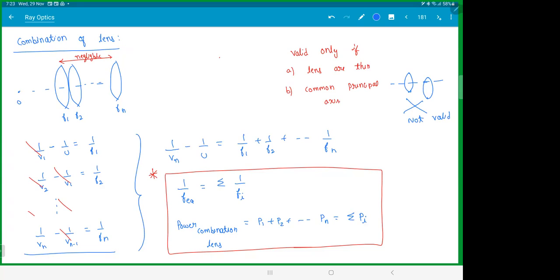So this is quite useful. If you give me 10 lenses, instead of using the formula 10 times, I can just use this F equivalent and treat them as one single lens.